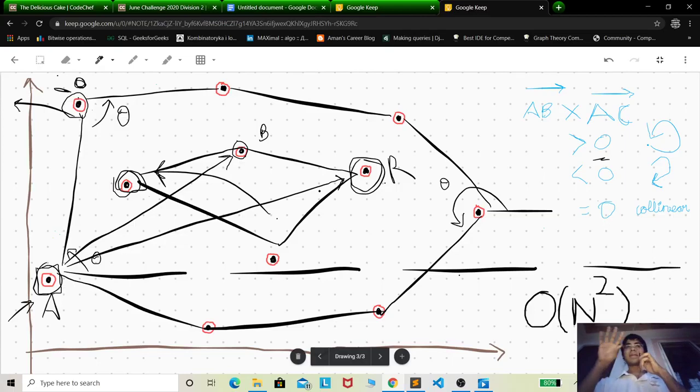If the cross product is greater than 0, that means the current vertex B is always a better choice than the previous vertex R, because it makes a greater angle with respect to A.